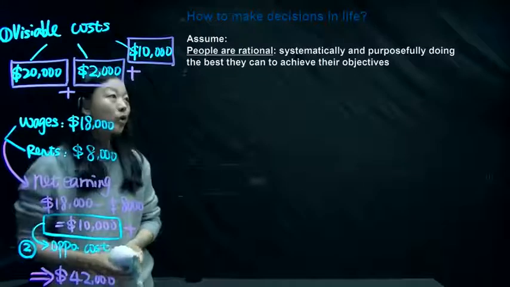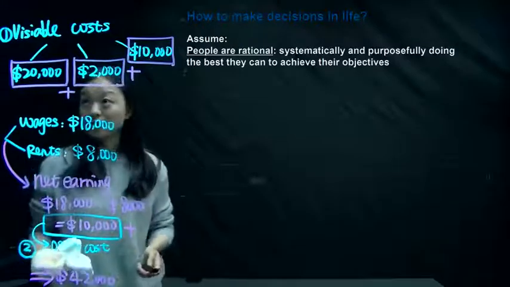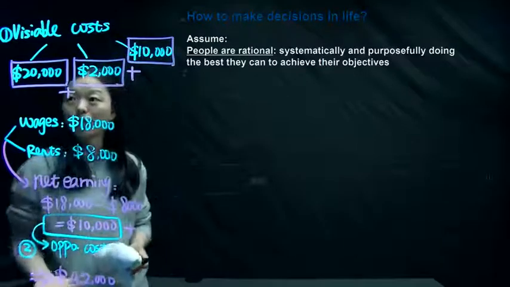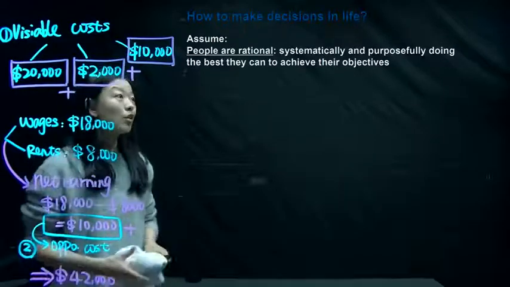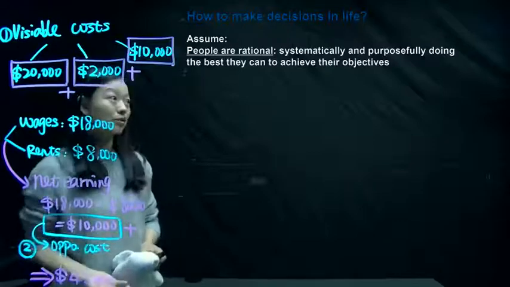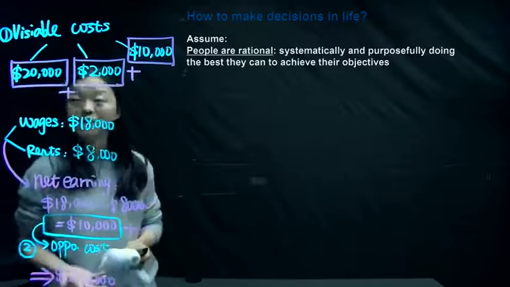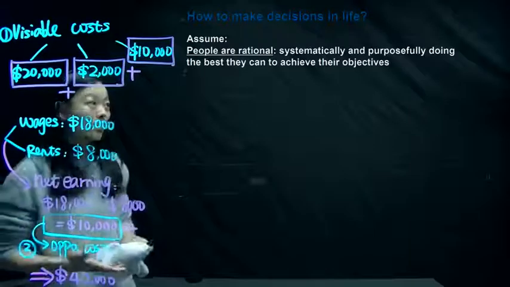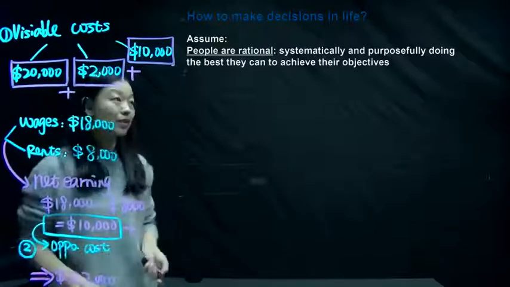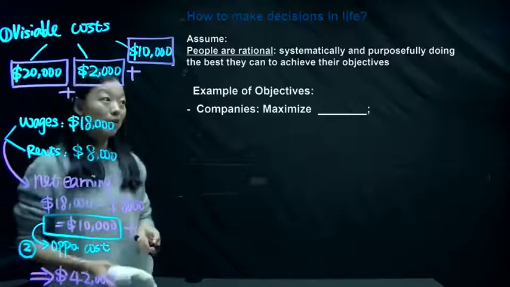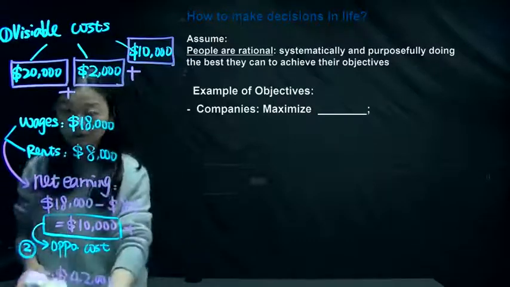Now, we assume that people are rational in economics. When we learn economics, we assume people are rational. So why will people be rational? We assume that people will systematically and purposely do the things that can best achieve their objectives. So for example, the objective of a company is to maximize what?